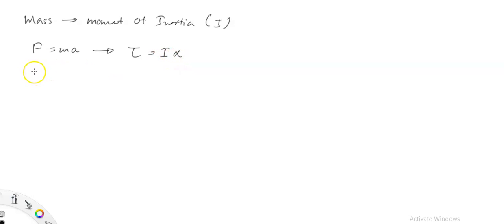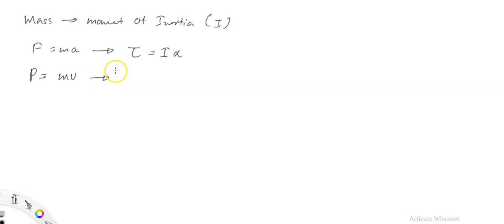Momentum. Actually, momentum in rotations is a whole new chapter, but let me briefly mention that. That's why I went back to see whether it's included here. So momentum, we know that it's P equals mv, right?